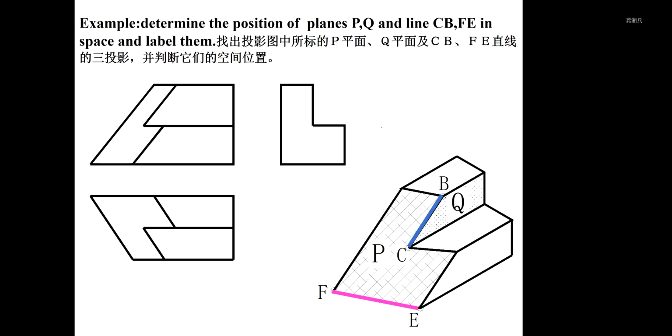Take 2 minutes to get the answer in your brain. So which one is P? Which one is Q? Which one is BC? Which one is FE? In the three projection system, in the H, W, and V. Remember this one is H. This one is V. This one is W. Remember, because this is the rule.